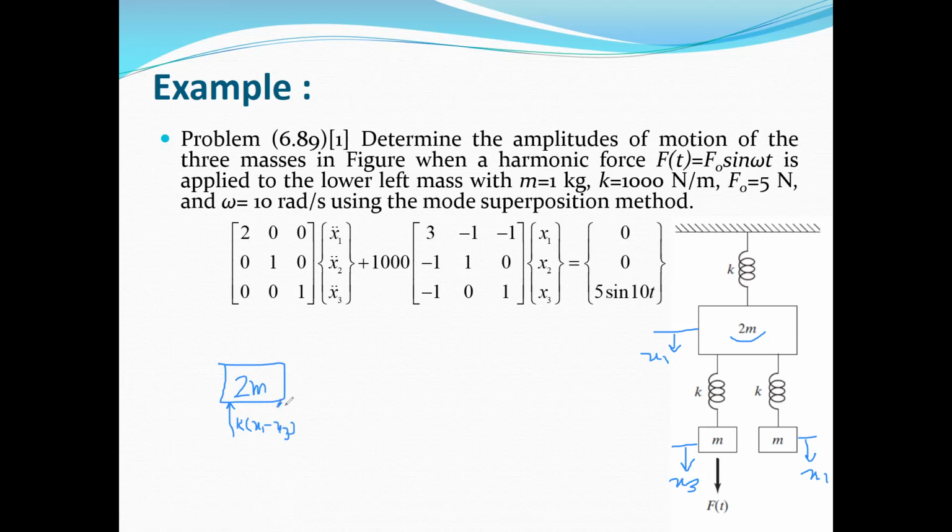We have another force due to the right spring, equal to k times (x1 minus, sorry, this one is x2, I made a mistake) x1 minus x2. We have one force due to the spring above, equal to k times x1. In this free body diagram, we neglect the weight because it creates some initial deflection.